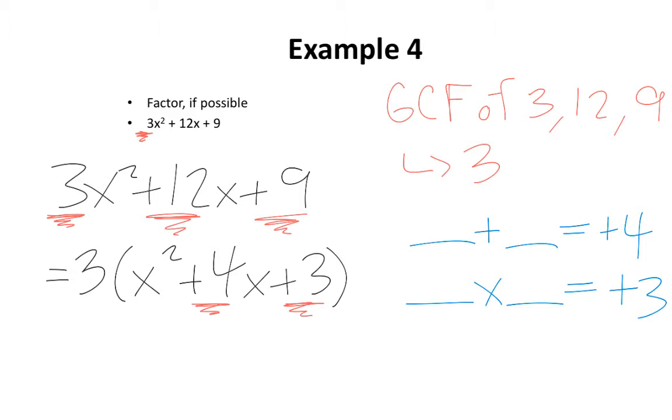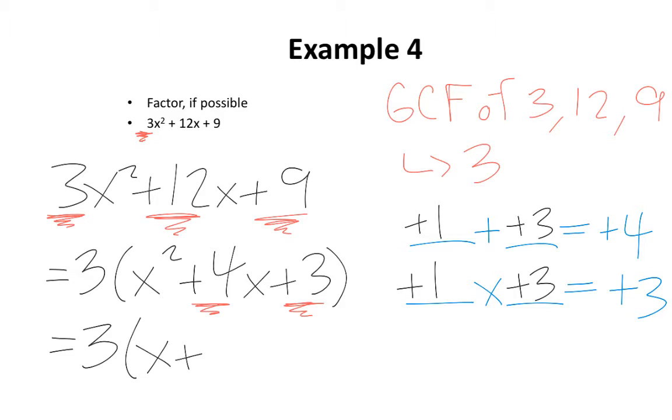You're going to use your times tables and a little bit of guess and check, and you should come up with positive 1 and positive 3. And when you multiply those same two numbers, you should get positive 3. Therefore, I've just factored the expression within the brackets, so that becomes x plus 1 multiplied by x plus 3. And again, you can double check your final answer by using the distributive property or the FOIL technique.